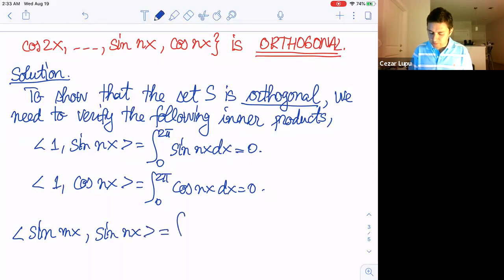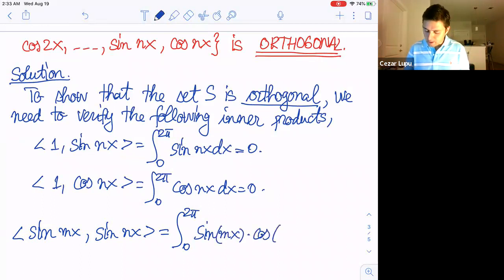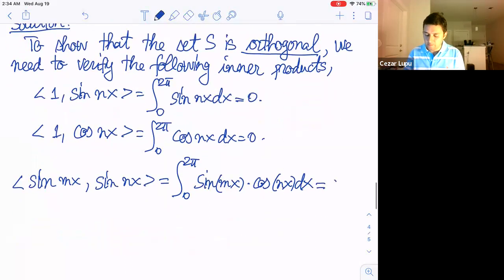This will be the integral from 0 to 2 pi of sine of mx times cosine of nx dx. What is the value of this? The value will be 0, again. Quite easy to see.